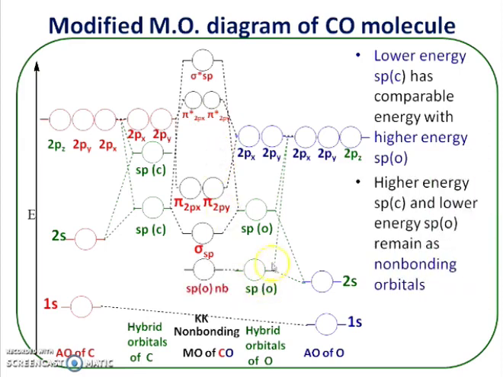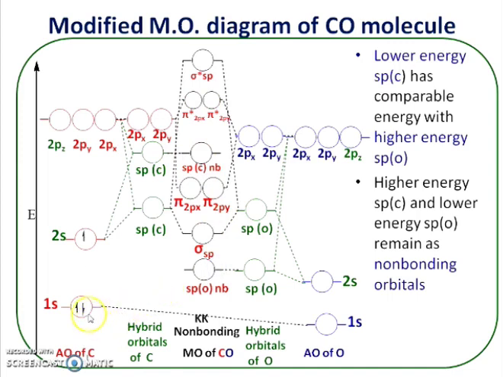Now the lower energy spO orbital remains as non-bonding, not involved in formation of a molecular orbital. At the same time, the higher energy spC, the sp hybrid orbital of carbon, also remains as non-bonding. So in this way molecular orbitals are formed, and here there are two non-bonding orbitals.